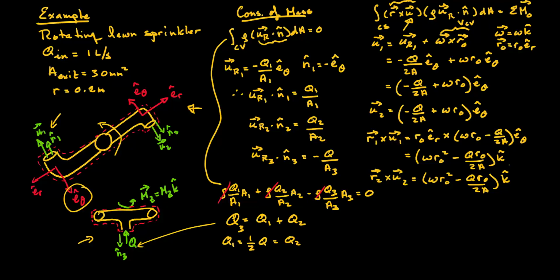And we know for control surface 3, namely the inlet at the bottom, with R being 0, we're just going to have R3 crossed with U3, and that is 0.